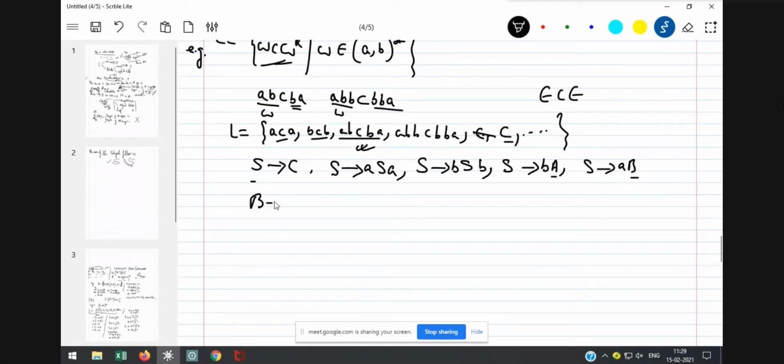Now B could be replaced by A, B, B. Then B could be replaced by B, S. Then B could be replaced by A. Okay, don't worry, I'll just explain. Then A could be replaced by B. Oh, again I'm stuck.